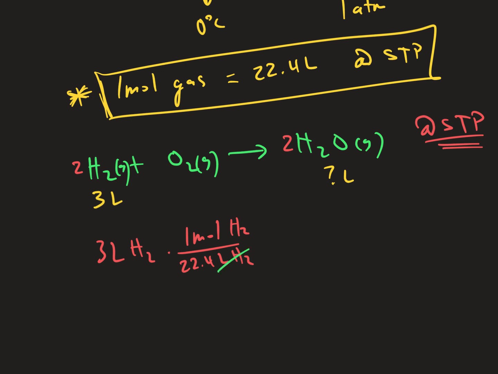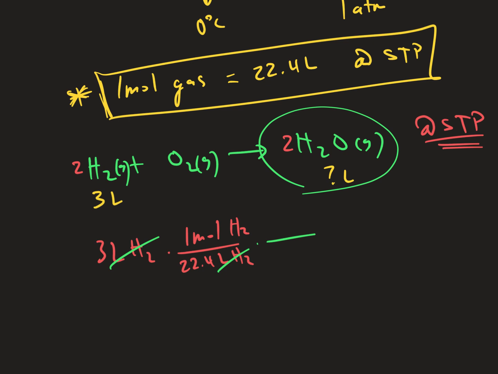You follow? And then we're really looking for how many liters of H2O, so we've got to go to something else. How do we go to something else once we're at moles? Mole to mole ratio on our balanced equation.